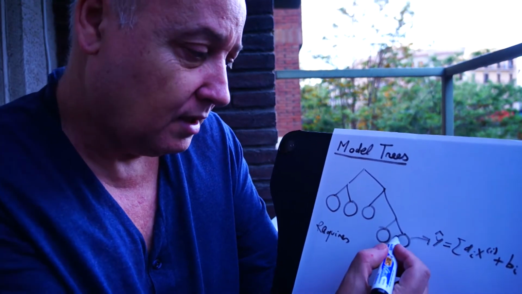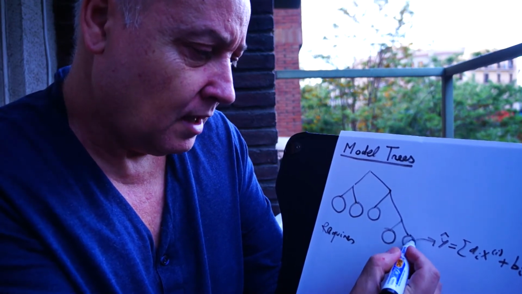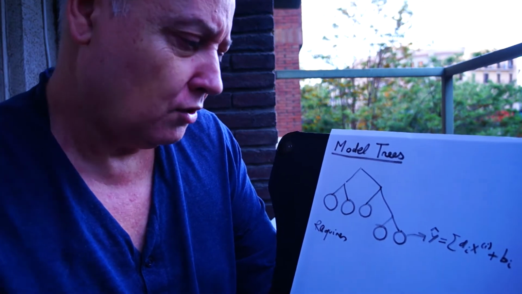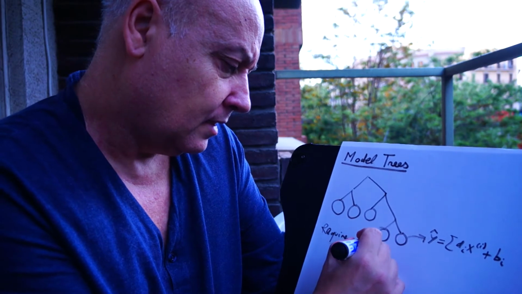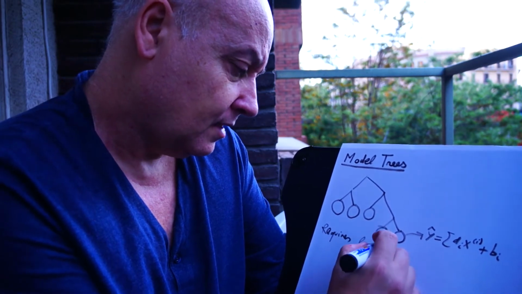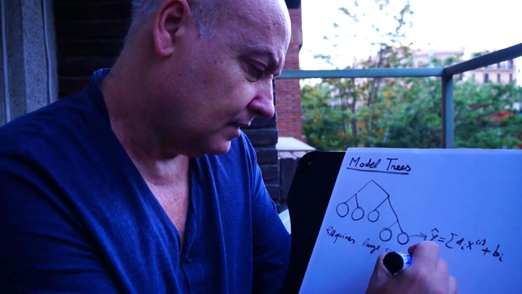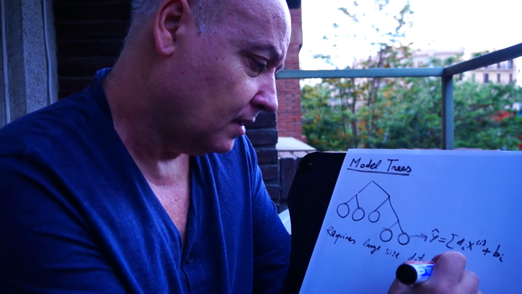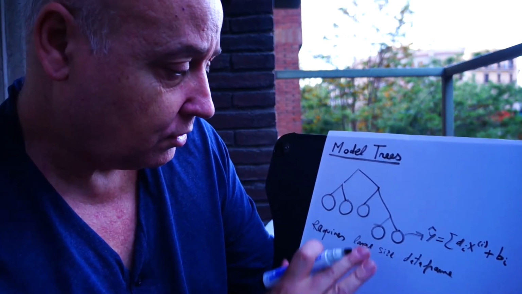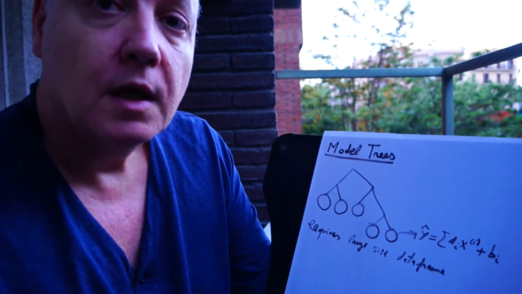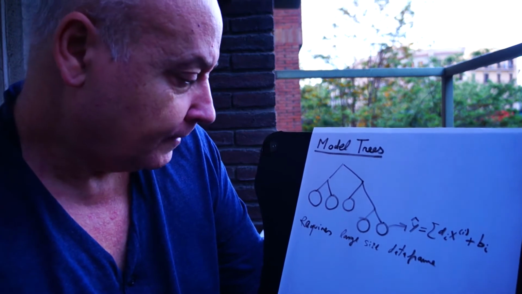So you need enough data in every leaf to do a regression, and also you have a lot of leaves, so this requires a large size data frame in the terms of the program. So this is not suitable for when you have small data.